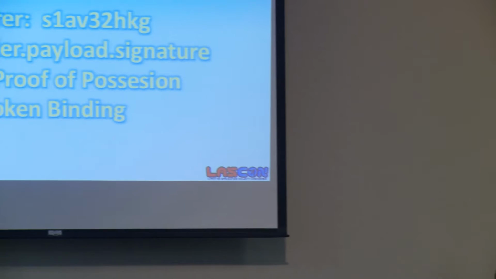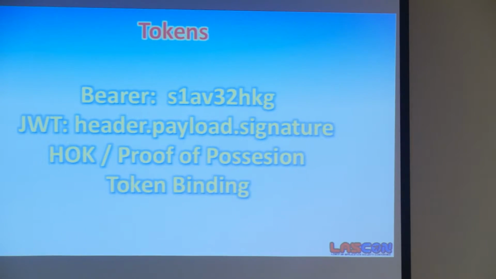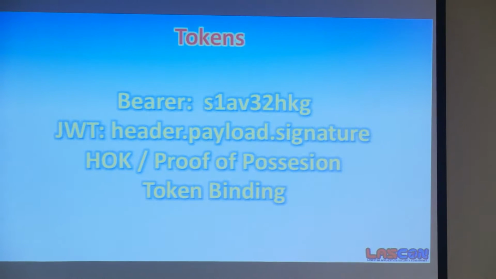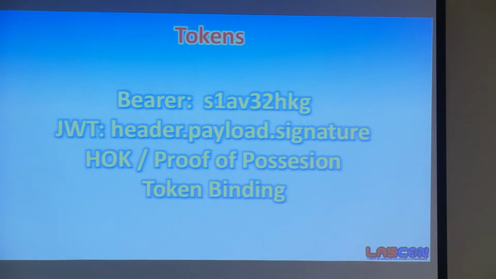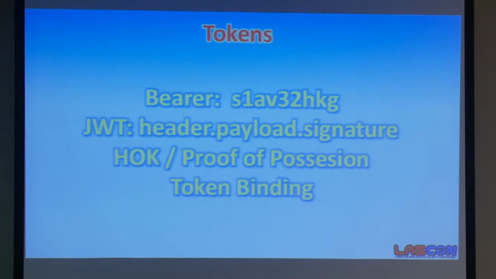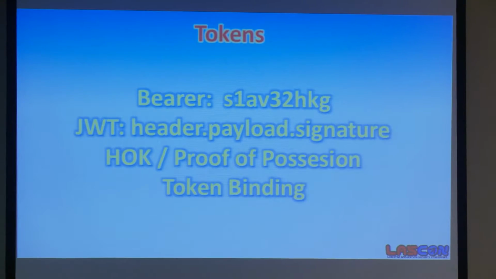And then one of the innovations in OAuth 2 is to introduce this idea of token binding, where the SSL channel that the token travels over is bound to the token, so that if somebody steals a token, but they're using it on a different SSL channel, the resource server can reject it.